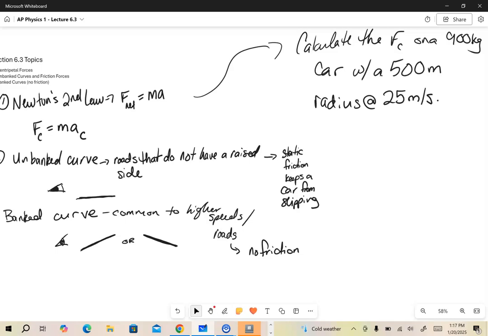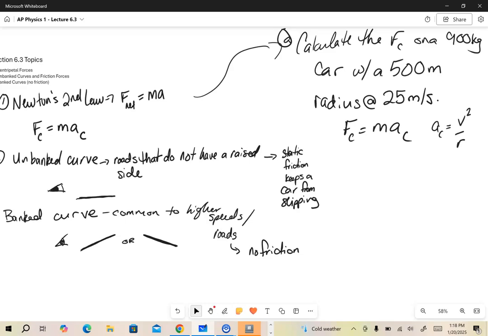This is going to be part A. Remembering that Fc equals m times ac, we want to recall the definition for ac, which is v squared over r.